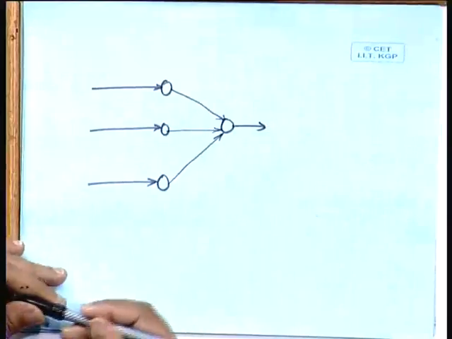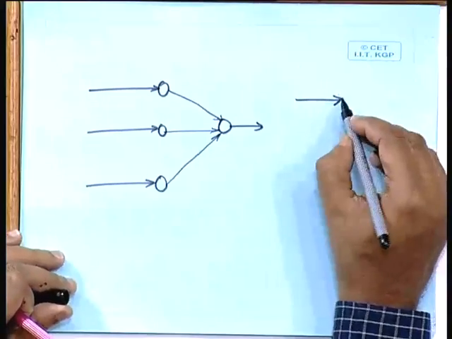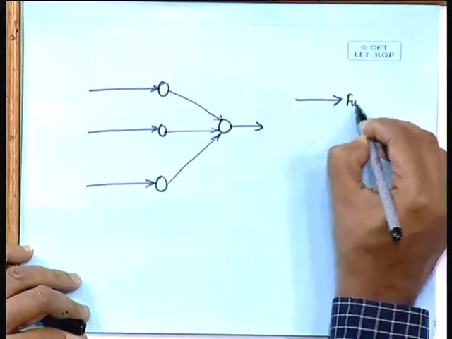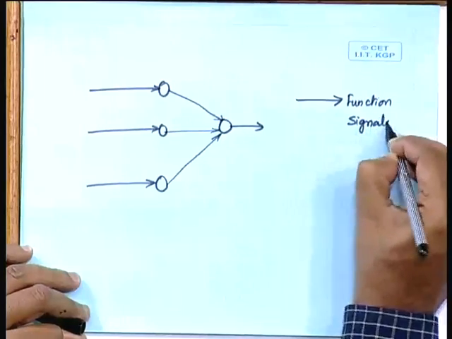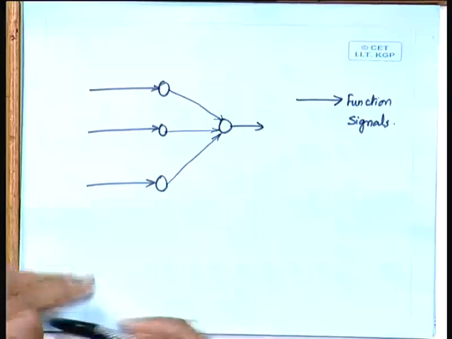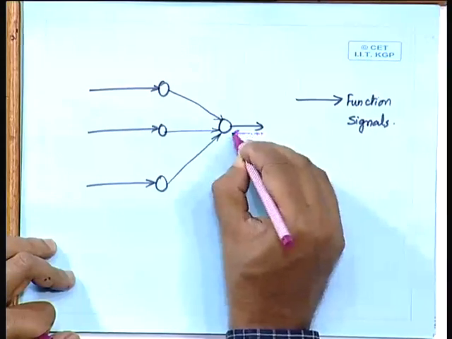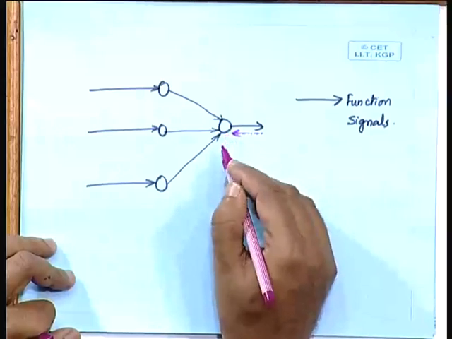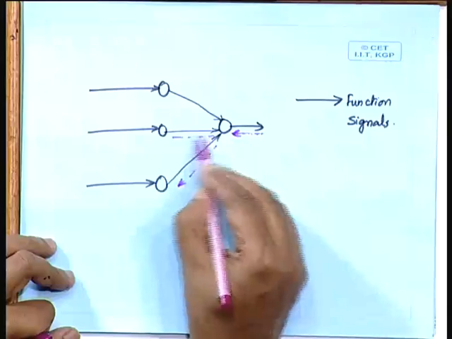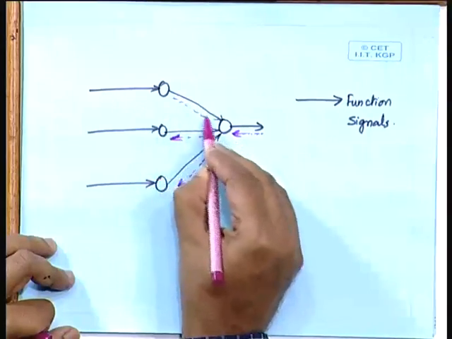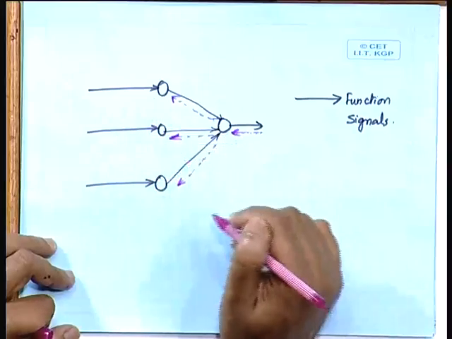So, all these lines that I am drawing with firm black lines are nothing but the function signals. So, these are the function signals, and then the error signals would be shown like this. So, we first compute the error at the output layer, and then we have to propagate these errors backward, up to the immediately preceding hidden layer.